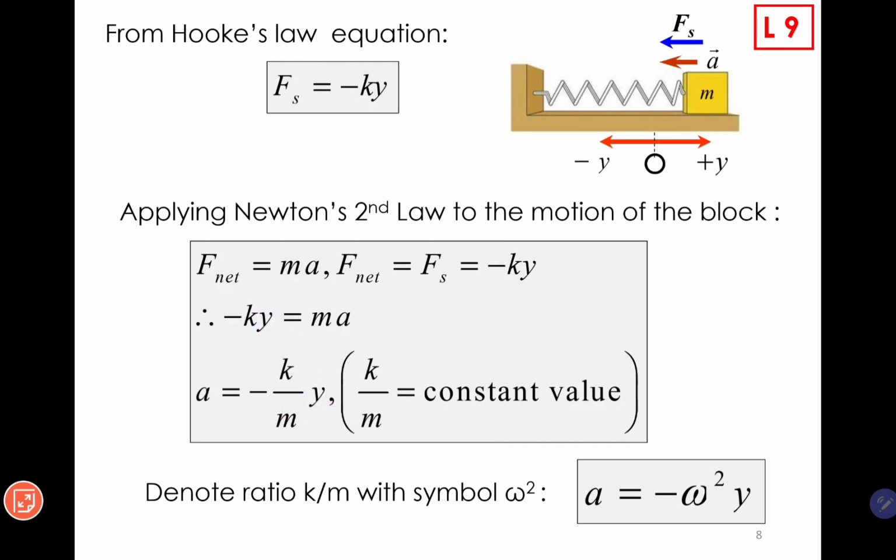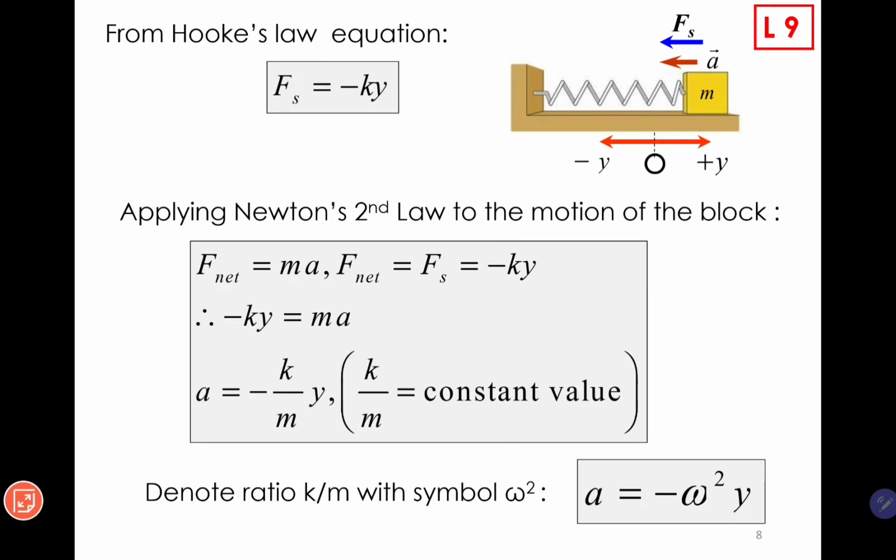From this, we compare with the general equation of simple harmonic motion before, which is a equals negative omega squared y. So this is a and this is y, so k over m represents omega squared. This is the key equation from this part, where omega squared equals k over m.